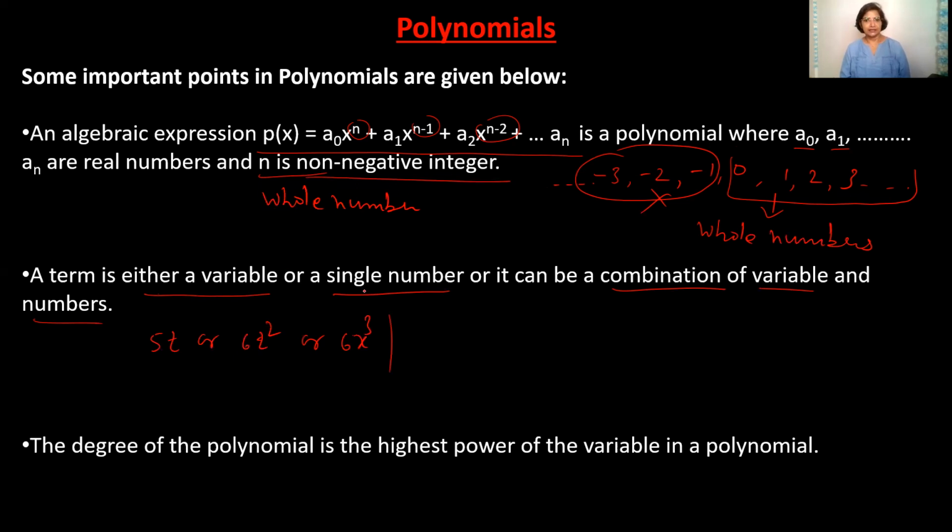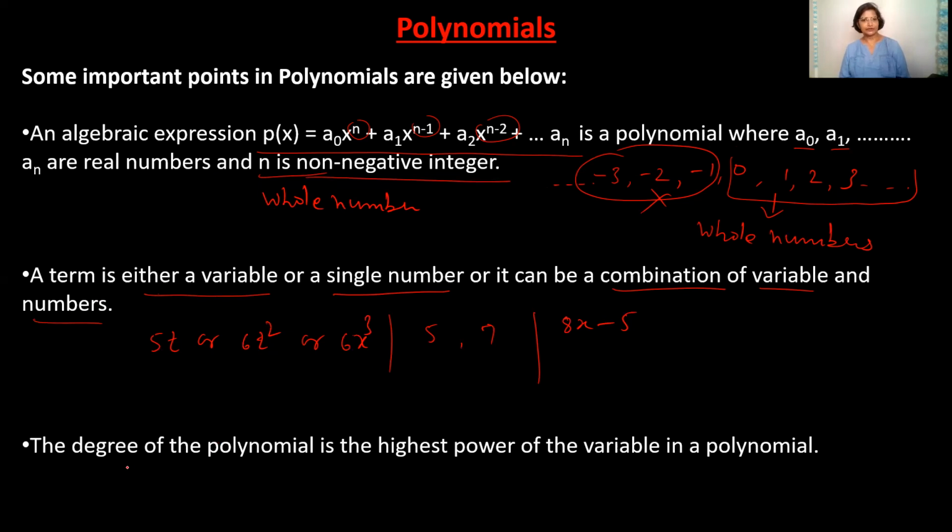A single number could be 5, a single number could be 7, or any single number. Or it can be a combination of the variable and numbers. In combination, you can write anything. You can write 8x minus 5. This is the combination of variable and 5. This point, I think you have understood because it is very simple.